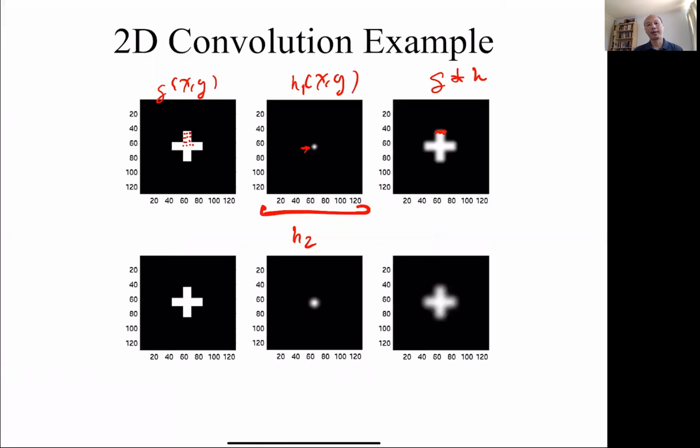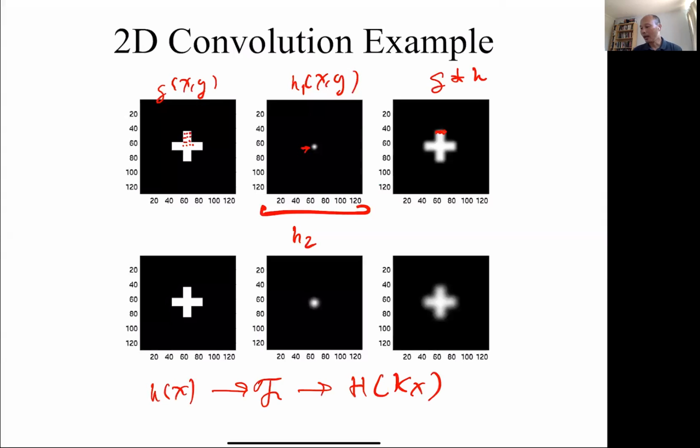For next week, and it's already been touched upon in the class lectures, we have h of x, and next time we want to look at the Fourier transform of h of x. If I put that in a Fourier transform, we get big H of kx, which in class we call the modulation transfer function.